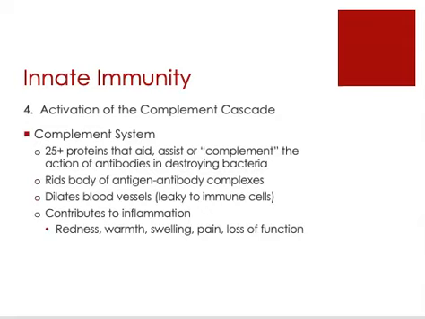The complement system is also contributing to the process of inflammation in that area. So part of the redness and the warmth and the swelling that we think of during inflammation, during an immune response, comes from the proteins in the complement system.